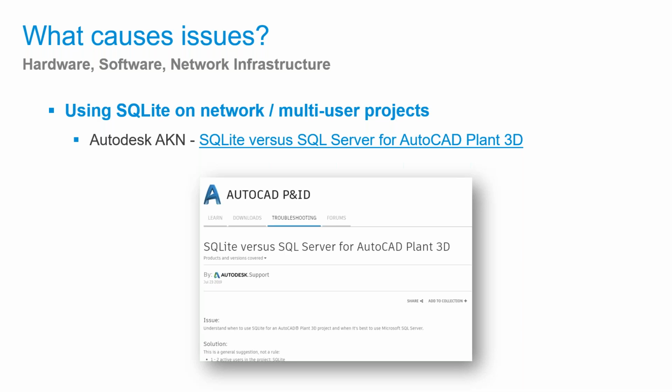Sometimes it's okay with one user or two users, but there's a lot of situations where you can have some conflicts as you're trying to save. So I always recommend that you use SQL Server for multi-user projects. We've seen a lot of just odd kind of corruption type of things when using SQLite over a network, so it's just something to keep in mind if you're planning out an implementation or something like that.